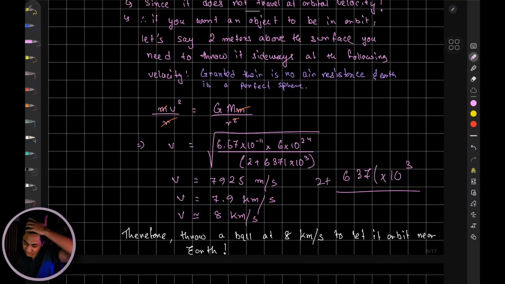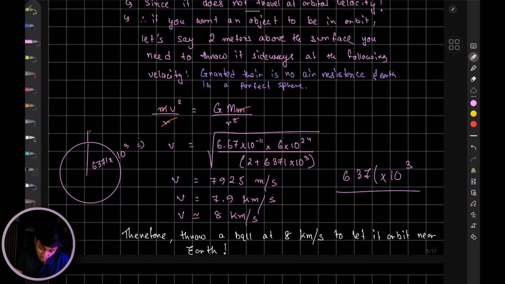And let's say I just considered it to be 2 meters above the Earth's surface. So if this is your Earth, this is your radius, which is 6,371 into 10 to the power 3. And let's say I'm throwing the ball from this position, which is 2 meters above the surface.